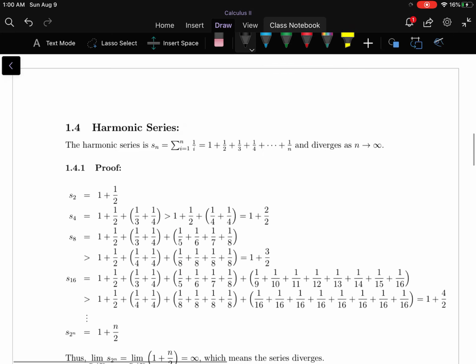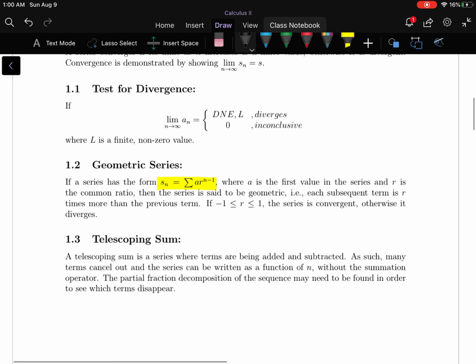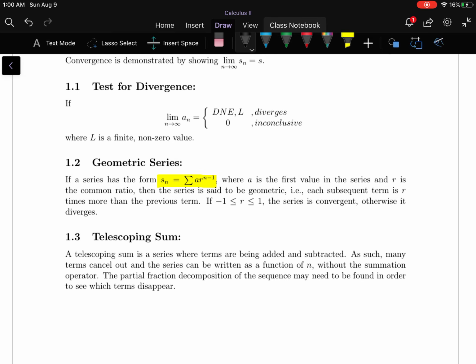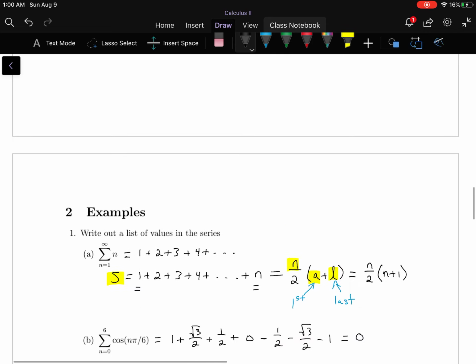According to the test for divergence, if the limit of the sequence does not exist or is not 0, which in our case we have the infinity symbol that falls into the does not exist group, now we know that the series diverges.